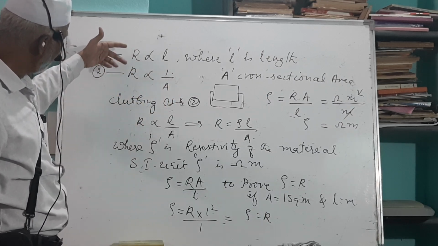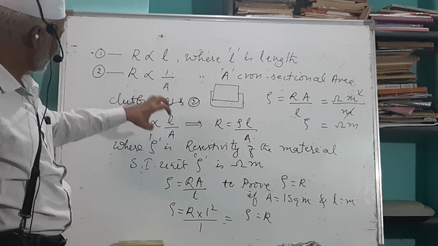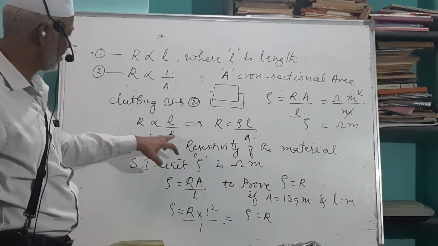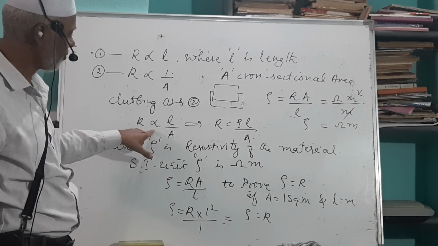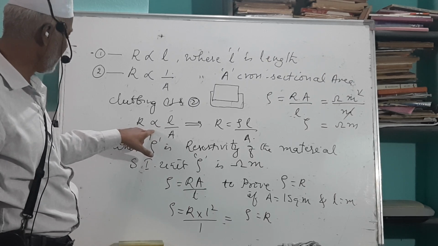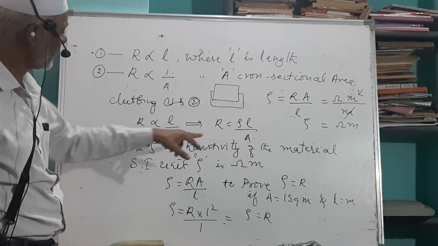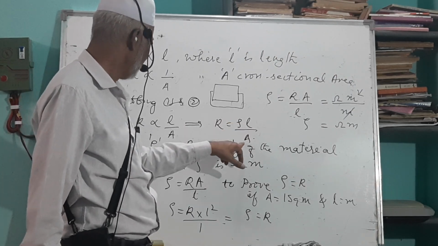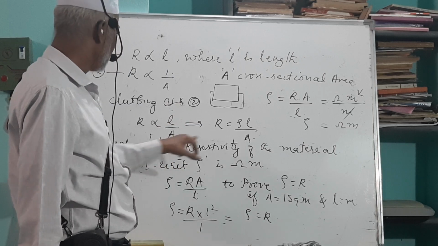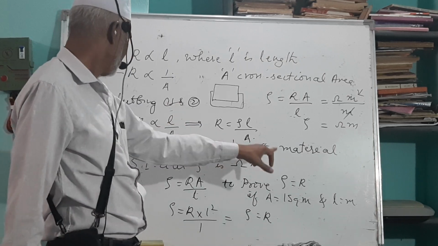On combining these two, equations 1 and 2, you get this type of expression. Since this expression has a proportionality symbol, you have to eliminate it by taking a constant of proportionality, where R is equal to rho L upon A. Here rho is the resistivity of the material.